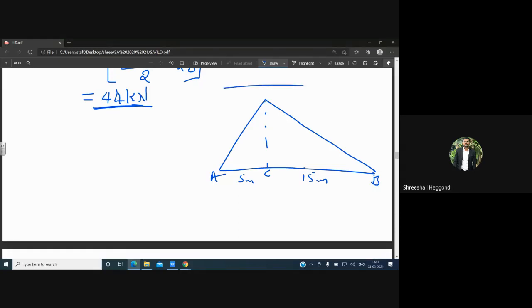You need to apply a UDL. At what point of the total 8 meter you need to apply it? That has to be calculated first, and that can be calculated by making the average load on the right hand side equal to the average load on the left hand side.